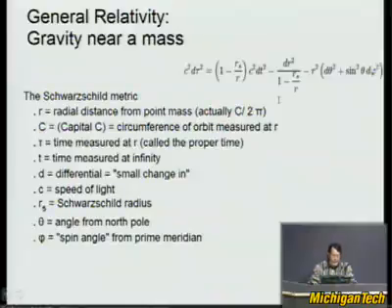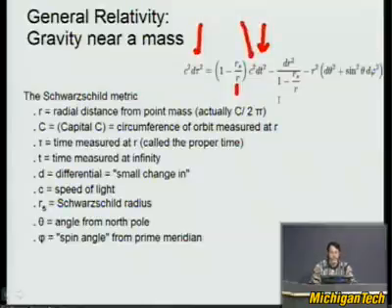Let's get into some detail of the Schwarzschild metric. What is what? So r is the radial distance from the point mass here. C, which I don't think I've used, is the circumference of the orbit measured at r. Tau is time measured at r, called the proper time. T, which is the coordinate time here, is time measured at infinity. D is a differential, which means that it involves differentiation. This is a calculus-oriented solution.